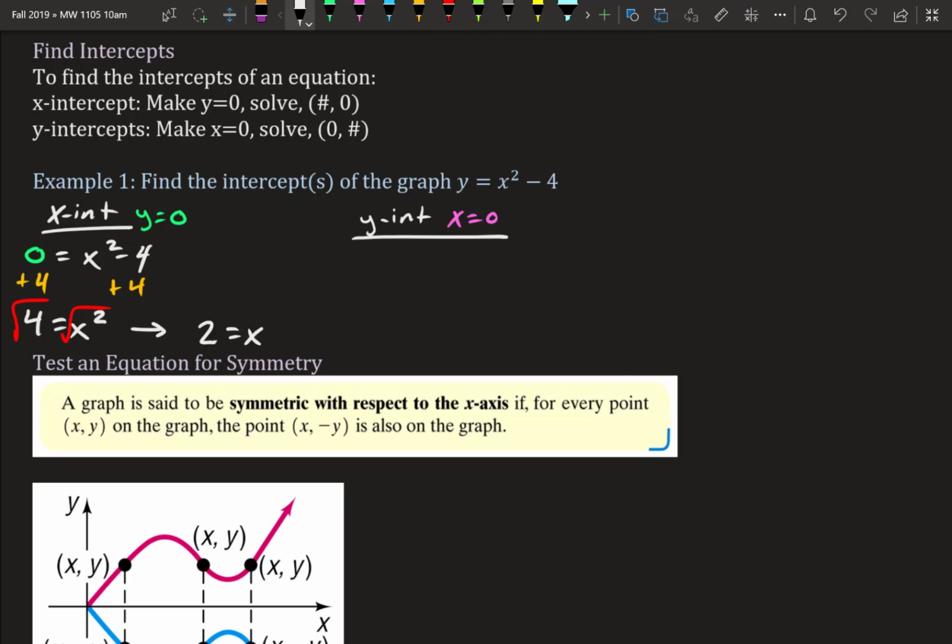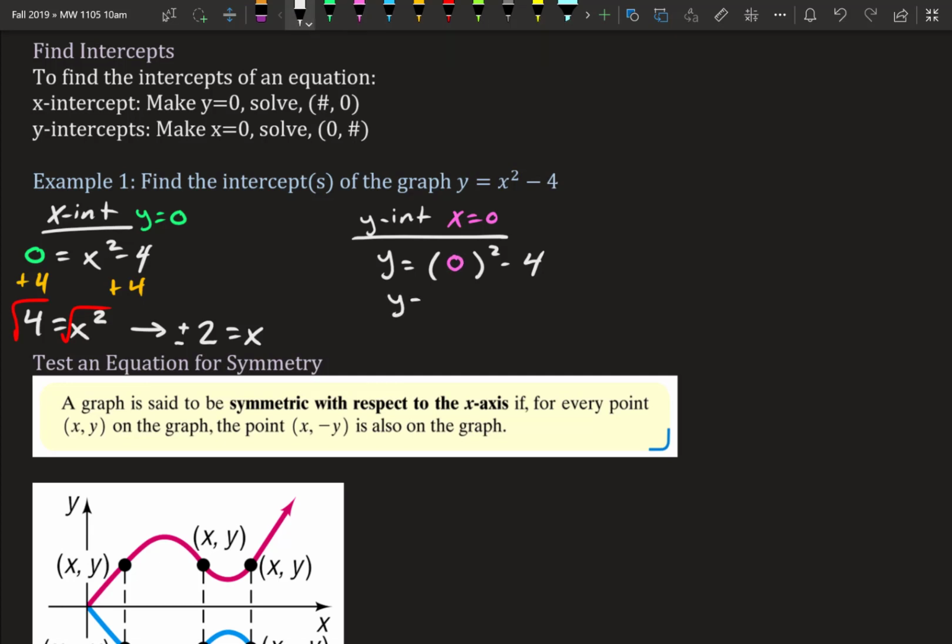But is it just regular 2? No, it's positive negative 2, because when we square root something, there's a positive version and a negative version. Now let's find our y-intercept. For our y-intercept, we're going to make x equals 0. So y equals (0) squared minus 4. Do you notice when I say x, I put parentheses? Let's get into that habit.